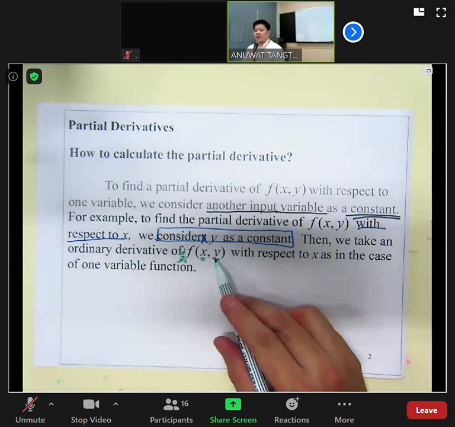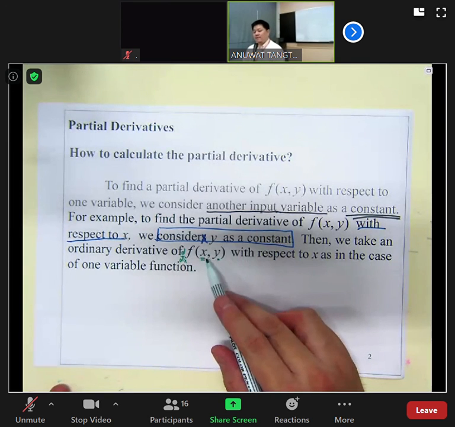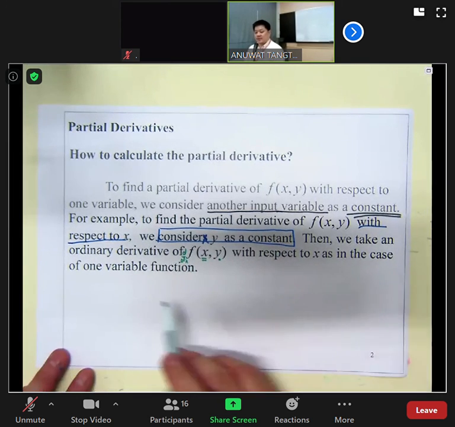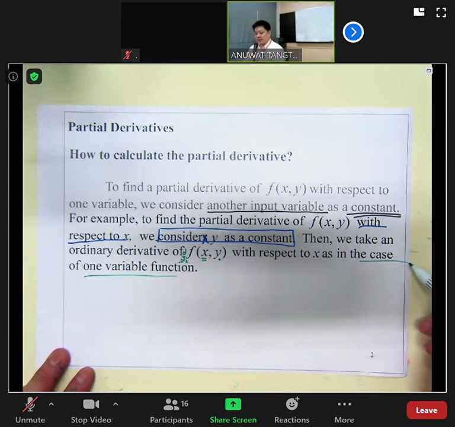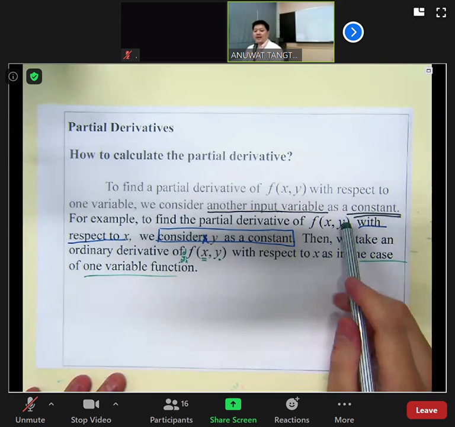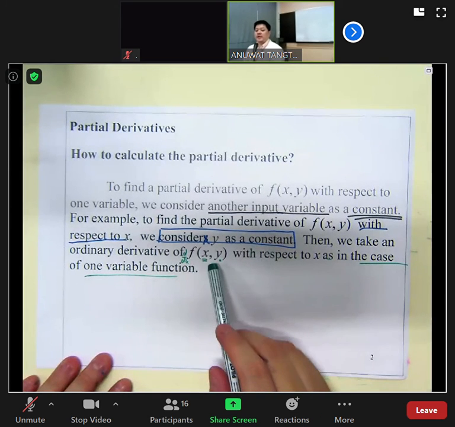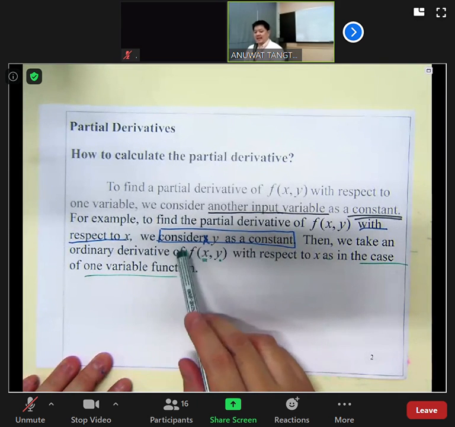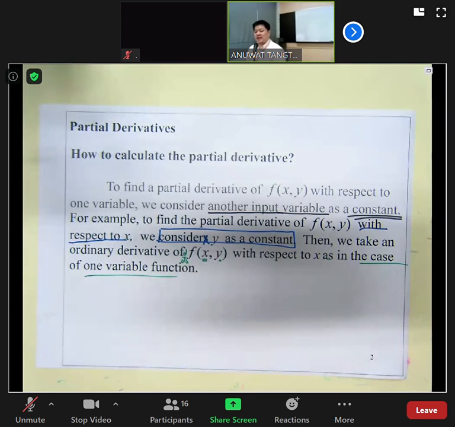If this is a constant, then we just take the derivative of this with respect to x as in the case of a one variable function. Similarly, if you want to find the derivative with respect to y, you need to let x be constant and take d by dy for that as the derivative of a one variable function. Okay, and that is the concept of partial derivative.